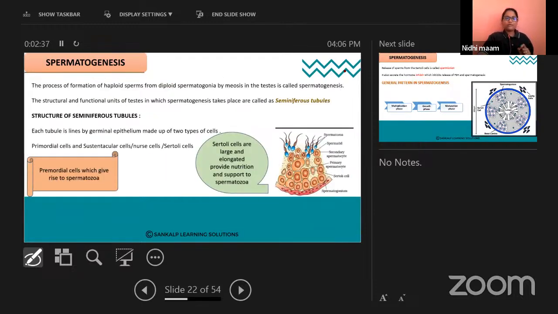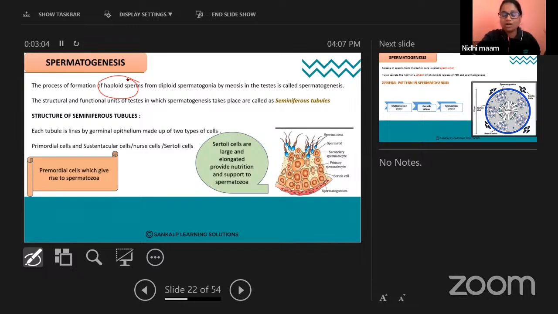The process of formation of haploid sperms from diploid spermatogonia by meiosis in the testes is called spermatogenesis. The sperms will have a single set of chromosomes from spermatogonia. This is a plural word; the singular is spermatogonium.